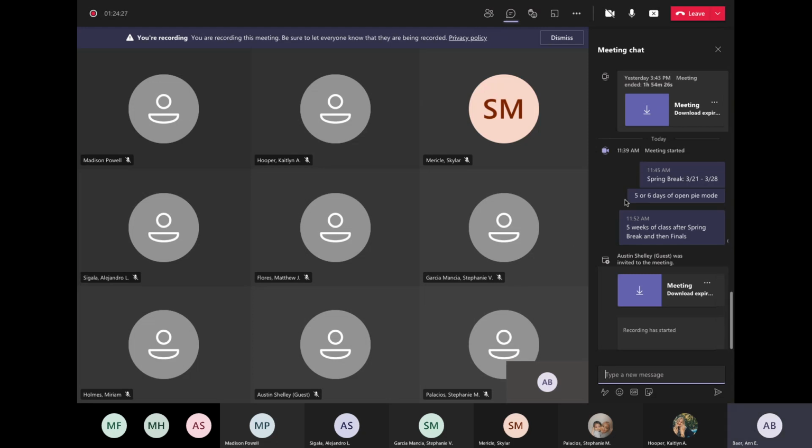I am by no means requiring you to do this, but if you want to get some more points for your past due objectives, there will be 5 or 6 days of open pie mode during spring break where you can go back and work on past due objectives. You can also work ahead in the course if you would like. That's what open pie mode means.